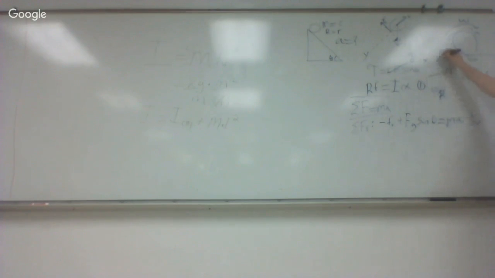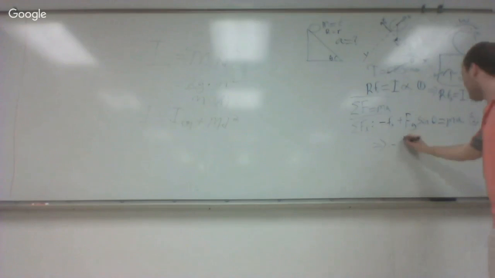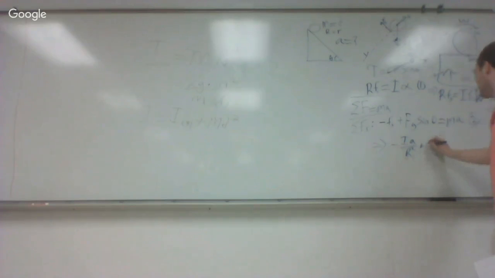So R is F, is equal to, solve. So F, we have negative I A over R, plus M A. Cool.